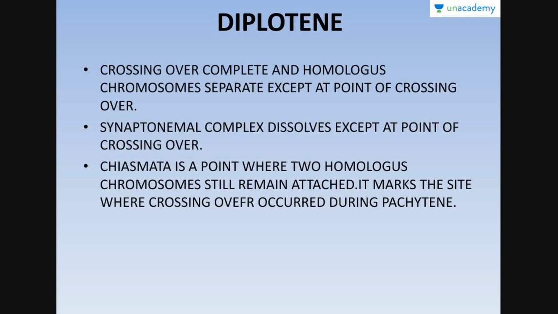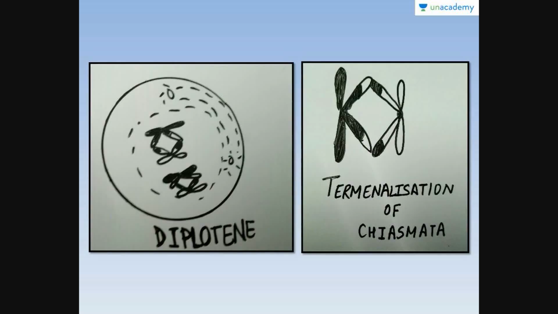Now another term which comes up is chiasmata. What is chiasmata? The presence of the synaptonemal complex at the point of crossing over is referred to as chiasmata. This is the point where the two homologous chromosomes still remain attached to each other. Now this is the Diplotene stage.